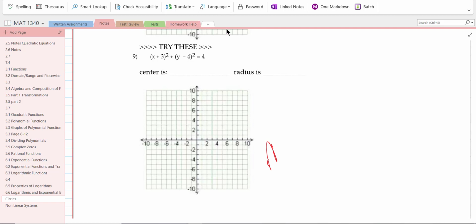Okay, all right, so the center on number 9 was -3, 4. The radius was 2. So you should have gone left 3, up 4, then put your radius on that, go to the right 2, up 2, like that. So that's what you should have on number 9. I think everybody's got number 9 okay.